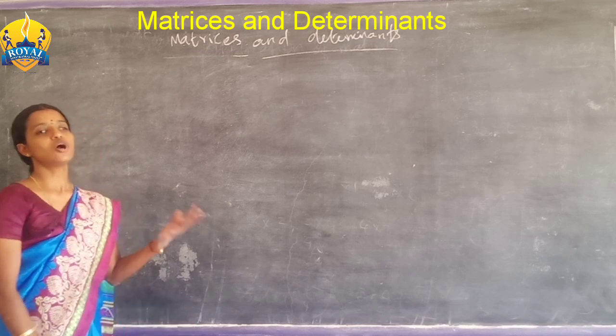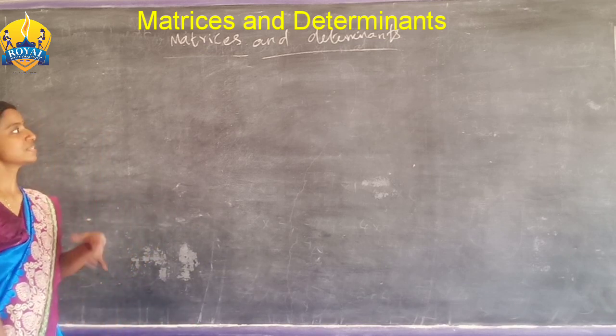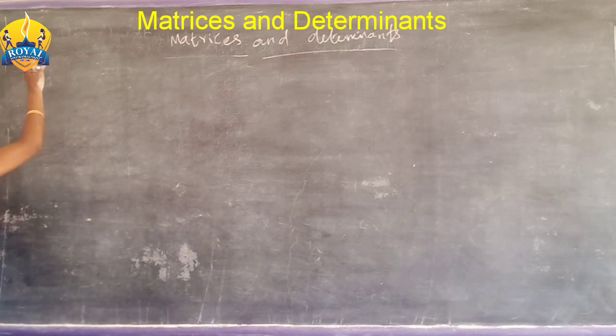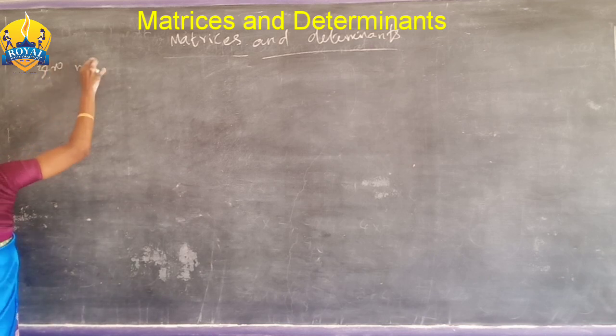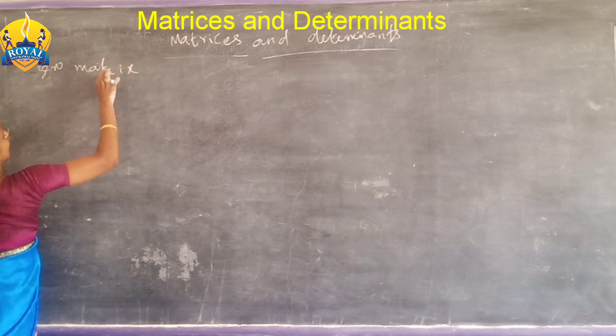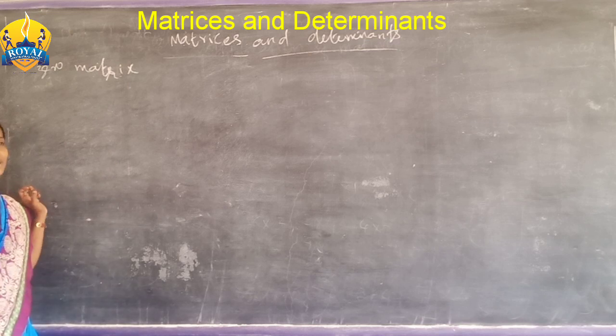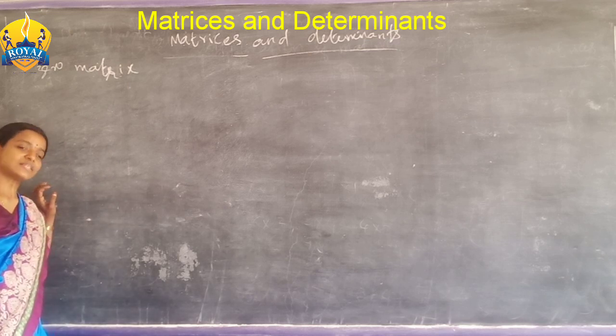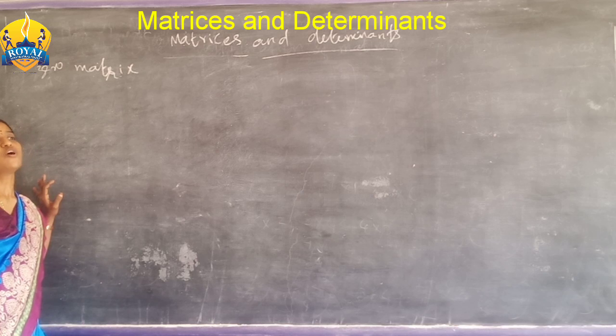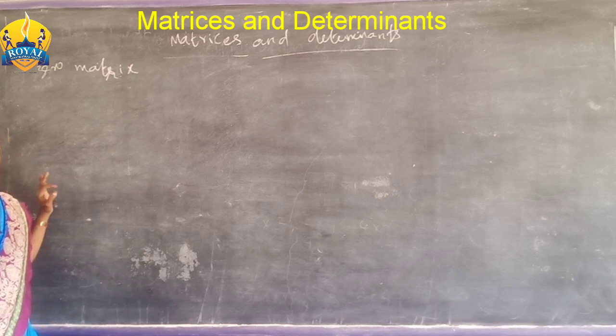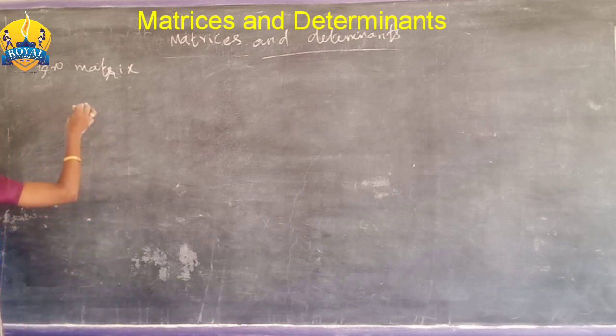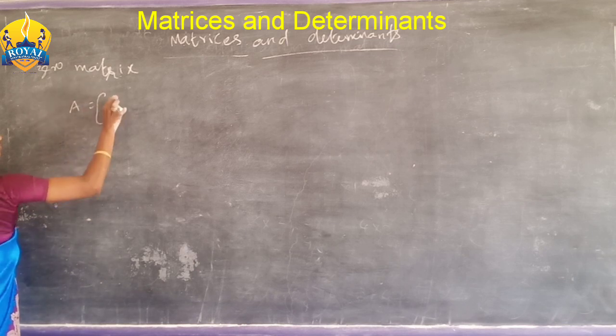So before getting into all those kinds of matrices, let us see what is a zero matrix. A matrix is said to be a zero matrix if all the elements inside the matrix are zero.